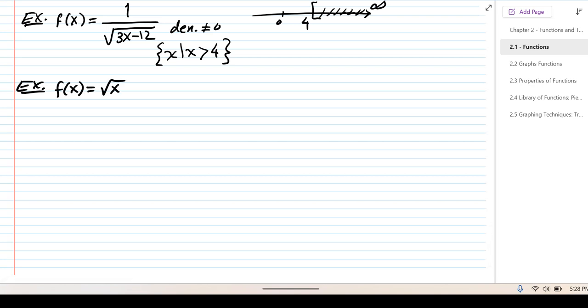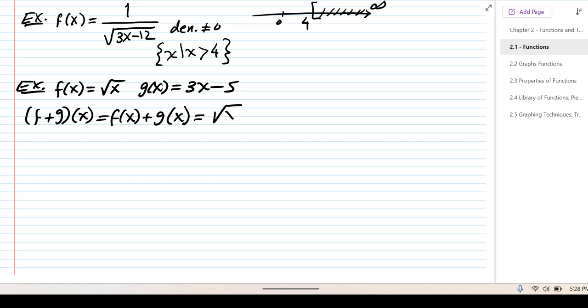Let's say f of x is root x, and g of x is a linear function, 3x minus 5. We're just going to do our basic operations here: addition, subtraction, multiplication, division. So let's do f plus g of x. That's when you add f of x and g of x together. In this case, we have root x plus 3x minus 5, and of course no like terms to combine. That is the sum function.